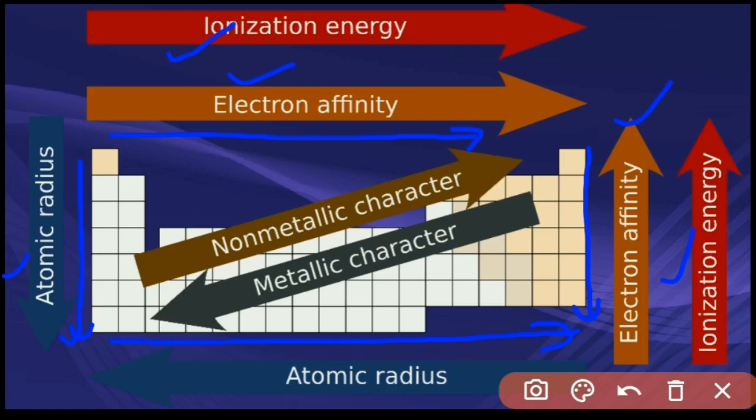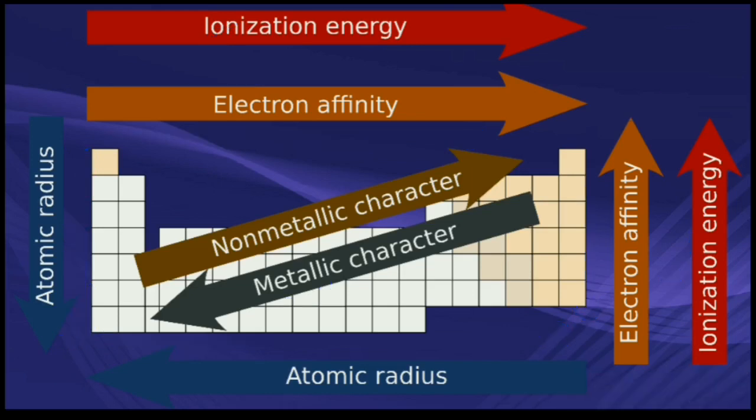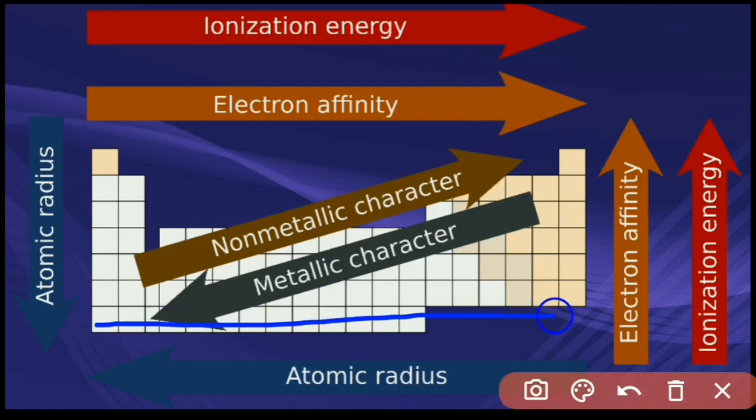right. Metallic character: generally metallic character increases in a group when we move from top to bottom, but the metallic character decreases in a period when we move from left to right.